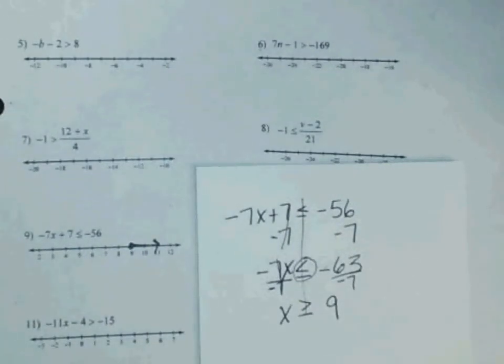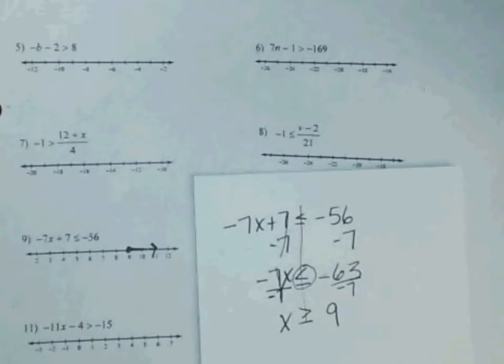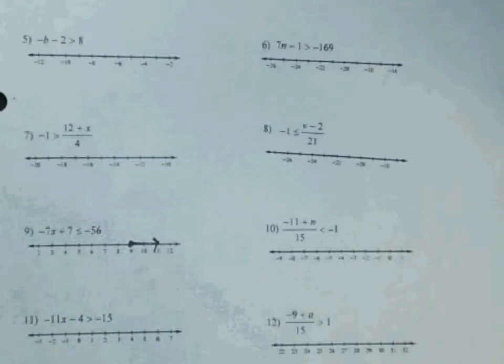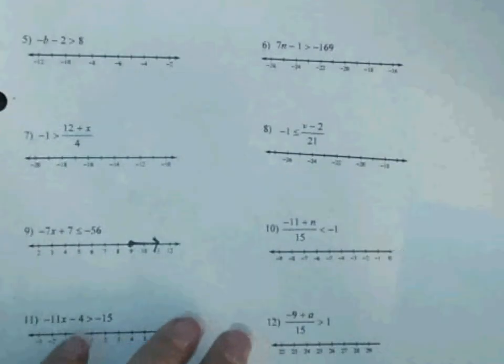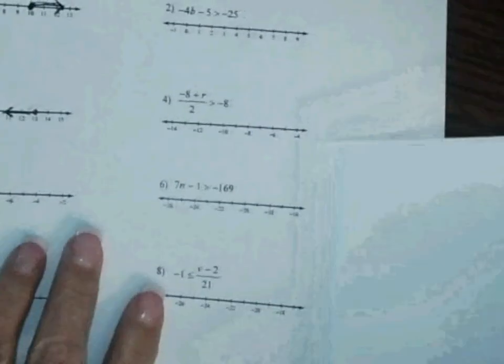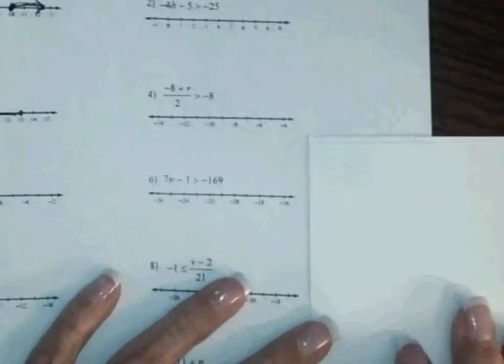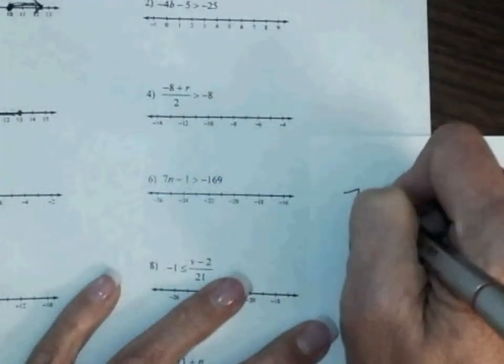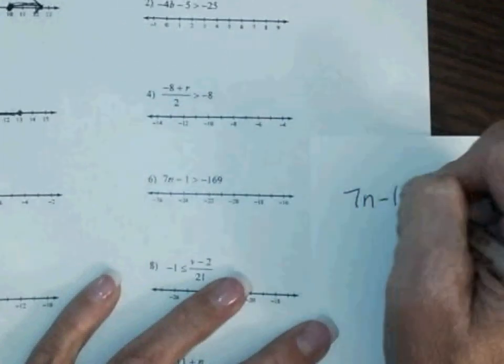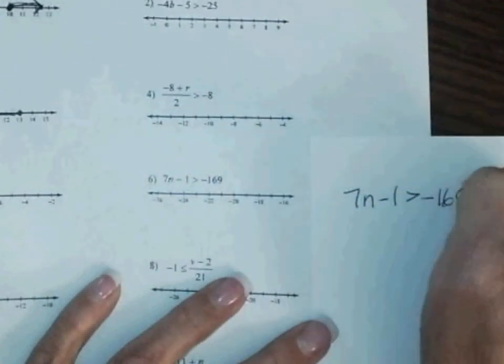Okay, so I want to do one where it's not shaded in. So let's try number 6. Let's do number 6. So we have 7n minus 1 greater than negative 169.